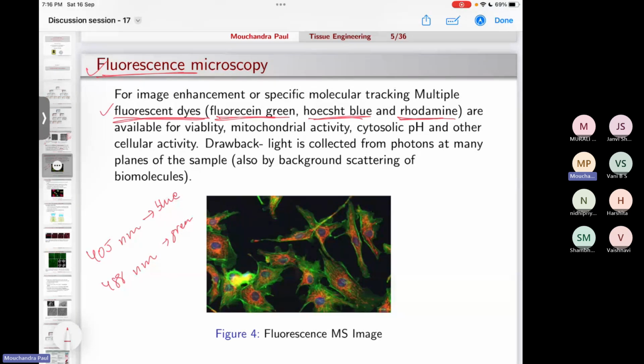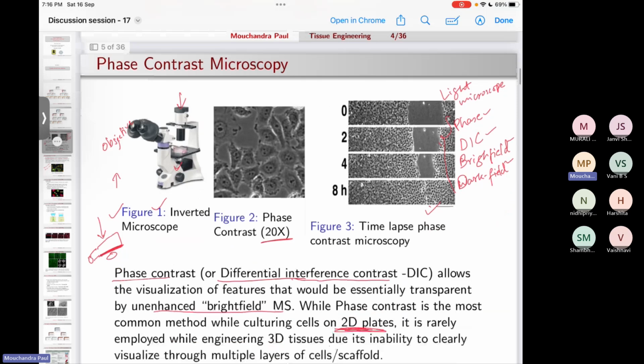There are condensers and collectors in the fluorescence microscope to collect this emitted wavelength, and then it is processed and shows you an image. So when this principle applies, you use a fluorescence microscope. It is a better technique in comparison to the above techniques like phase contrast, DIC, dark field, bright field. Why?